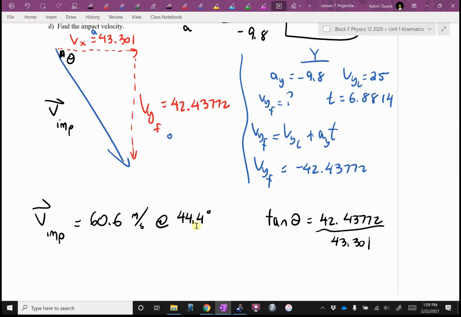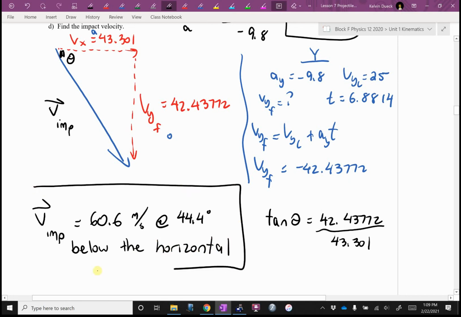Okay? So here's how we describe it. We're looking at a side view of a projectile. So there's up and down. Here's how we would describe this particular angle. We would use the phrase below the horizontal. And that means that if you draw a horizontal line, the 44.4 degrees is below it.